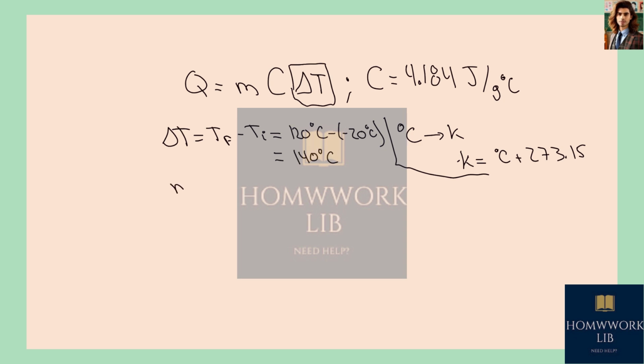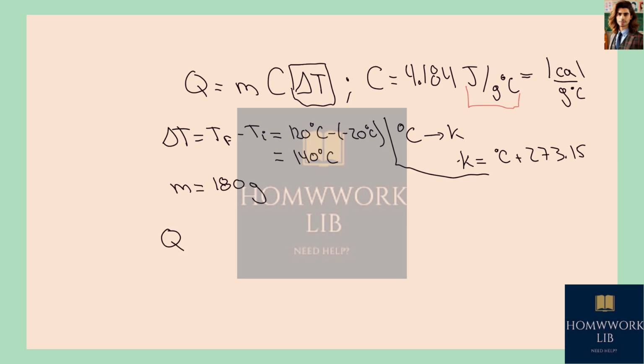The amount of mass of water that we have is 180 grams, and the units already match up with my units for C. Another way to get this value is you can also find it as 1 calorie per gram degree Celsius. Both of them are equivalent and you can transform it directly.